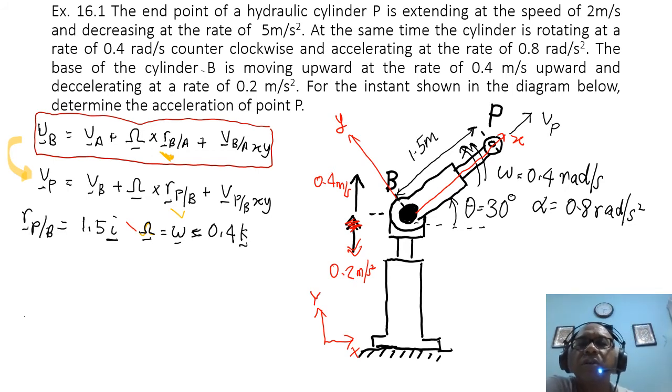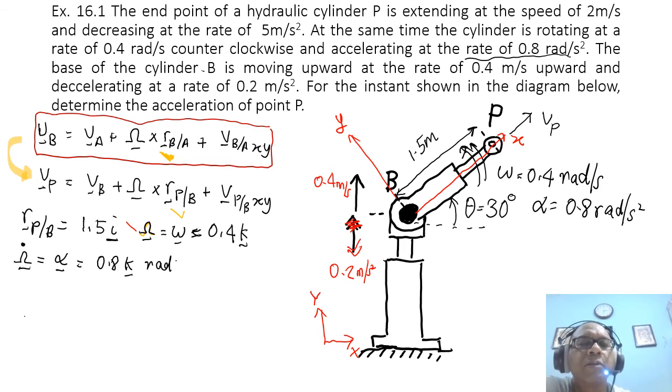It's given also the angular acceleration here. So we know that omega dot equals alpha equals 0.8 k radian per second squared. I'll just put the units here.